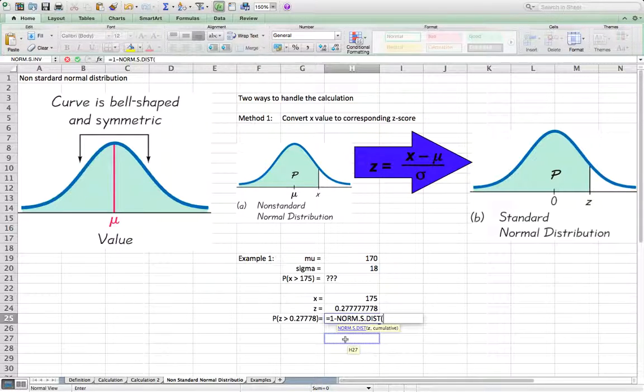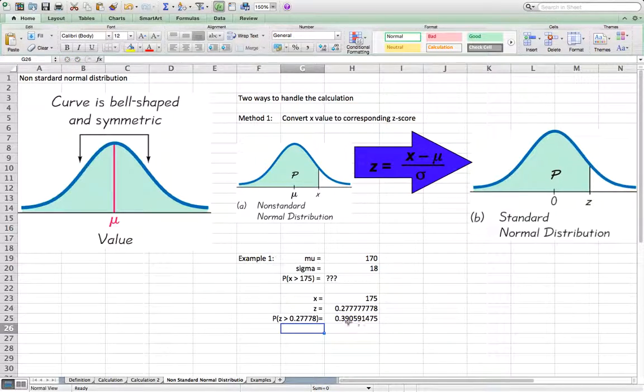You give it a z-score, located in H24, and I want the cumulative. So I got this probability for a random pickup z-score greater than 0.2778.